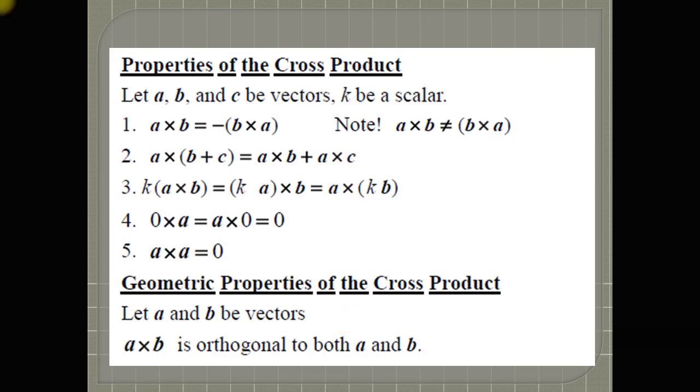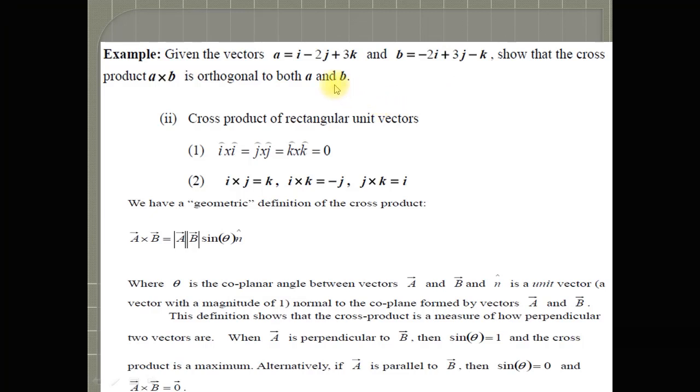How can we verify this property? By a simple example. First of all, using a determinant, find the cross product of these two vectors. Suppose the cross product of these two vectors is represented by r, a cross b is equal to r.